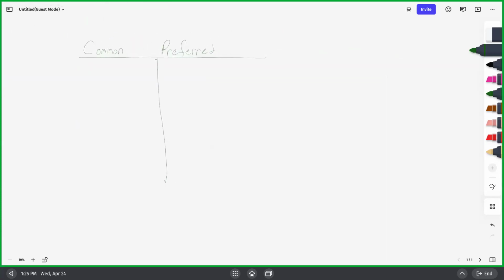So there's a couple big differences between common and preferred. Can y'all give me some of the differences between common or preferred, or just tell me which one has what? Preferred gets dividends first. All right, what else? Preferred stockholders don't have like say in like corporation decisions.